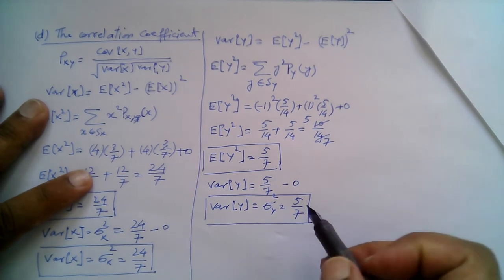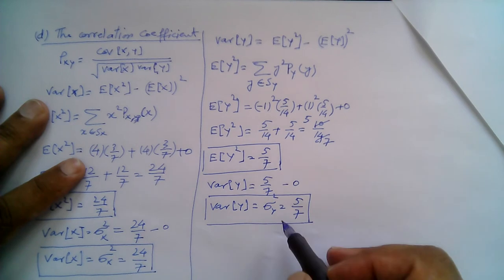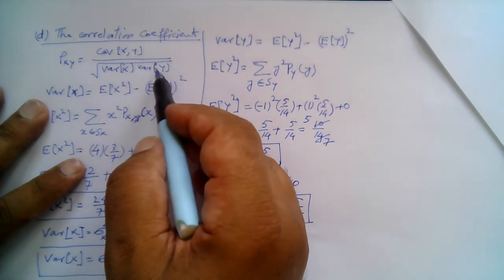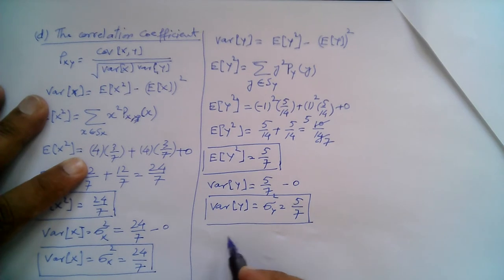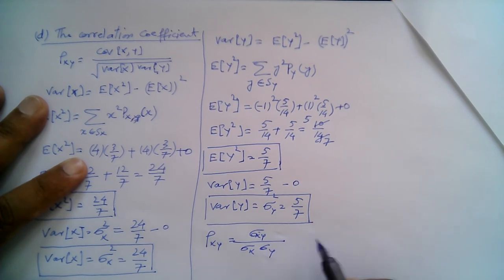So we now have the variance of x and the variance of y, and we already calculated the covariance, so we can now calculate the correlation coefficient. Rho xy is given by the covariance of x and y divided by the standard deviation of x times the standard deviation of y, which is the square root of the variance of x times the variance of y.